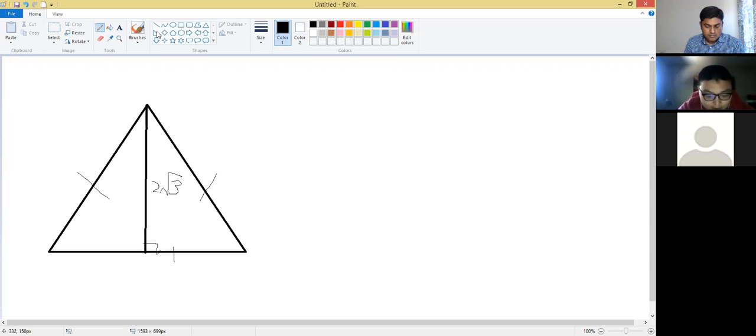Is that correct? Yeah. So we know every angle is 60 degrees, and we separate it into half, which will be a 30, 60, 90 degree triangle. Is that correct? Yeah. So what's special about a 30, 60, 90 degree triangle? Do you know that? No. Oh, you don't know that part? No. Oh, but it's on your test. So okay, let me tell you.